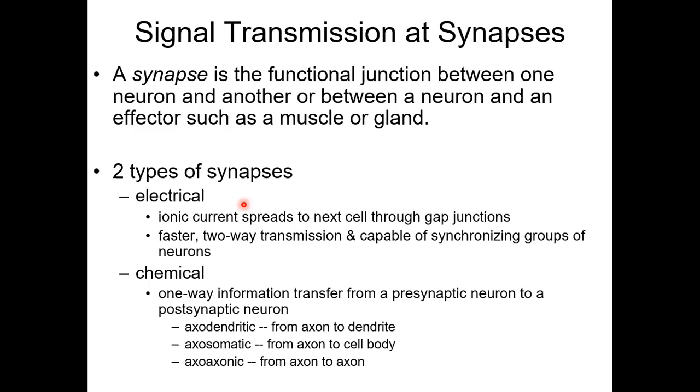In the human body, we have very few electrical synapses, so our attention will be focusing on the chemical synapses, where we use a chemical mediator, a neurotransmitter, to take the signal from one neuron to another. This signal transfer will be very similar to what you have seen in the neuromuscular junction, where acetylcholine was that neurotransmitter. Again, you'll be seeing very familiar actions when we look at chemical synapses.